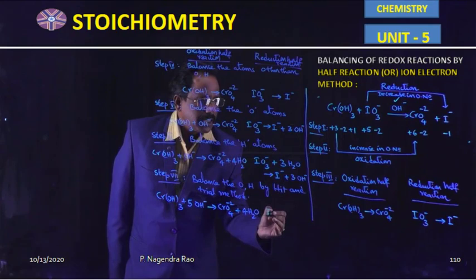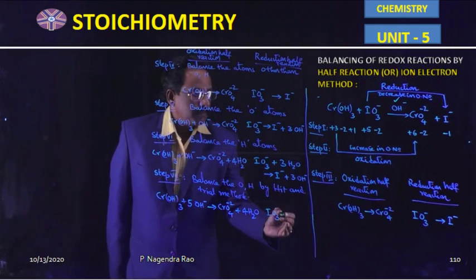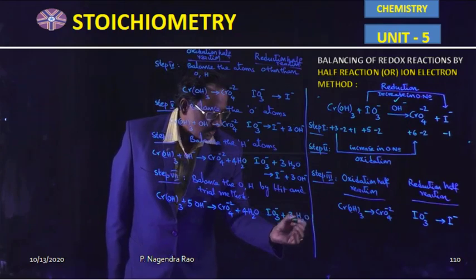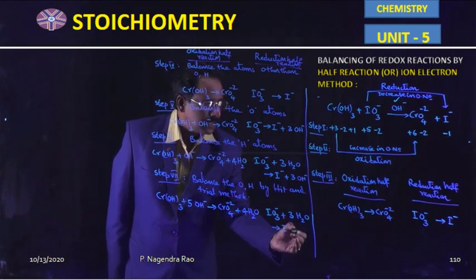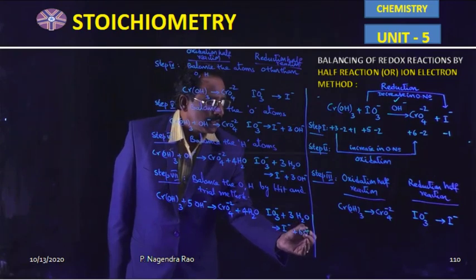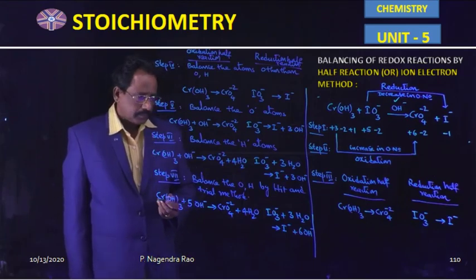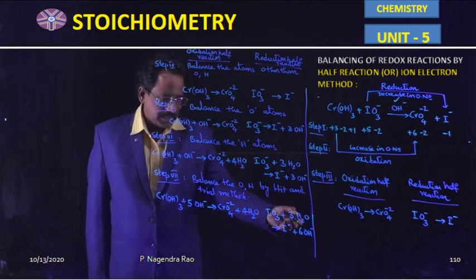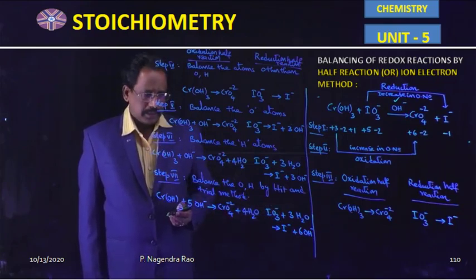Now IO3⁻ plus 3H2O gives rise to I⁻ plus 6OH⁻. 6 hydrogens, 3 plus 3, 6 oxygens, in the product side also 6 oxygens.